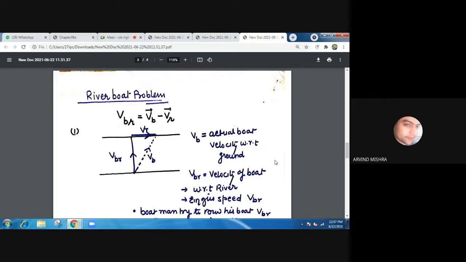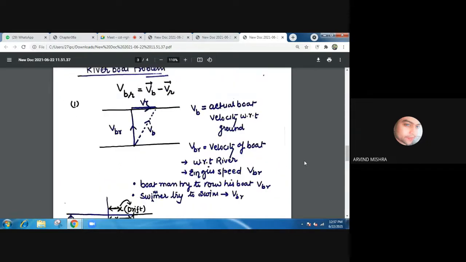Here I have expressed the three velocities: VB means boat, and VBR means boat velocity with respect to the river. We know the formula: VBR will be VB minus VR. Please remember these vocabularies, because in a question you might get confused about which velocity is given, whether it is VBR or VB.